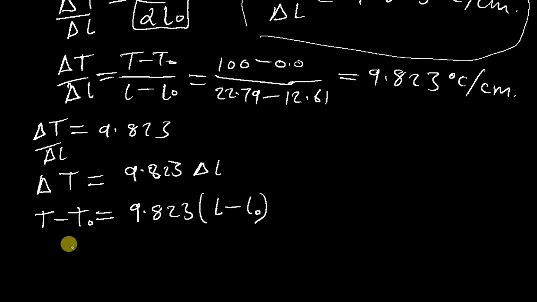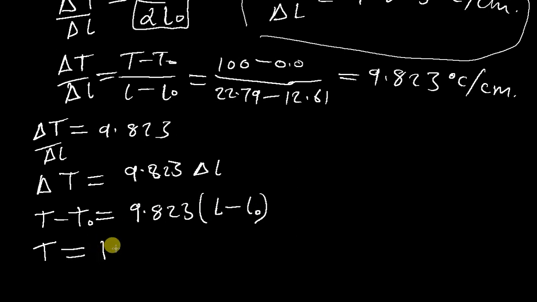So we've been given certain values there, like the initial temperature has been given. Then what we're looking for is the final temperature. So you just make T final the subject.